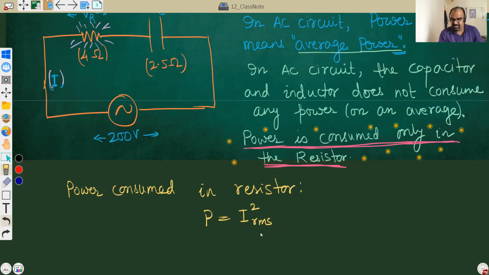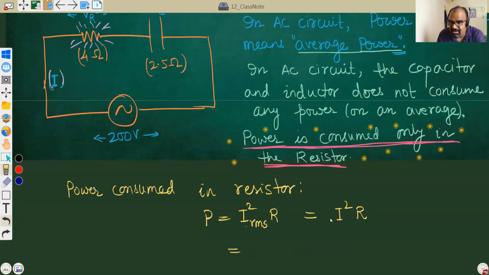You will take RMS current, into R. Here I am writing RMS just because I want to highlight that this is RMS current. Actually, I should not have written RMS. I should have simply written I square R because I'm using capital letters. So by default, it is RMS current. But this time I want to emphasize on the fact that this is RMS current. So I am using RMS. Or you can simply say capital I square R.